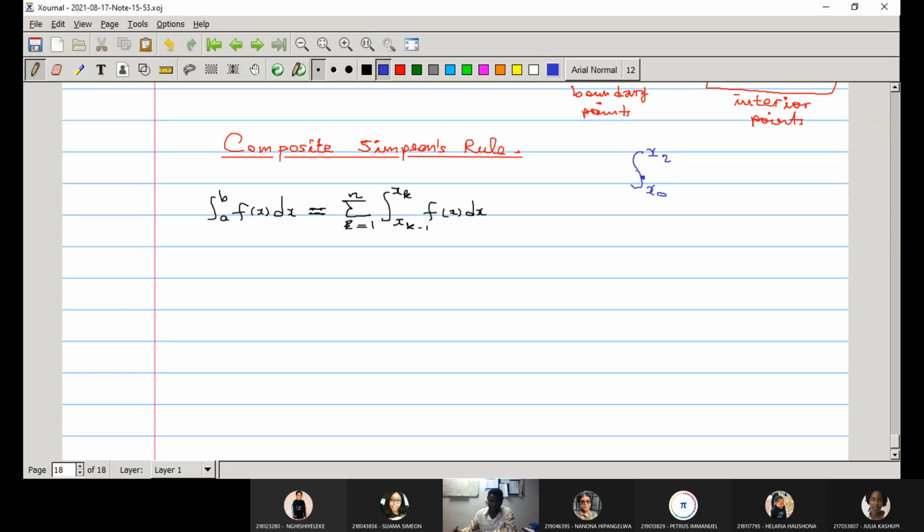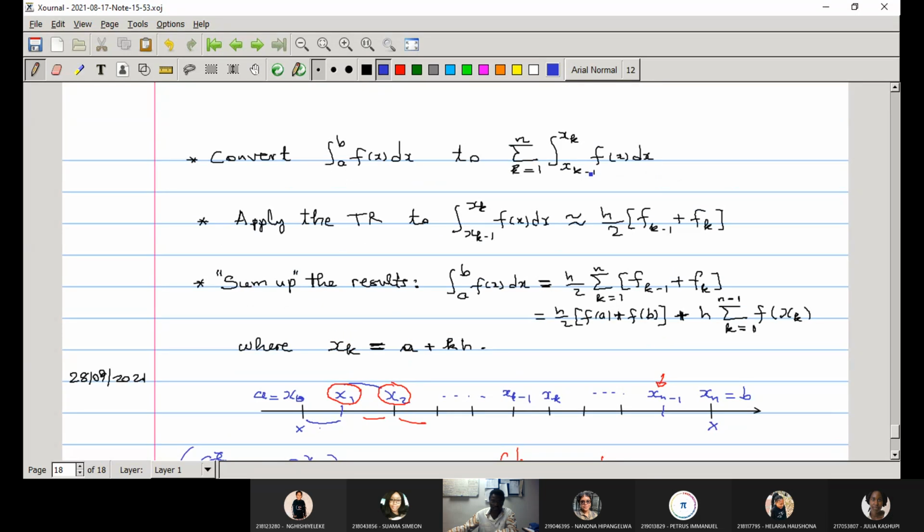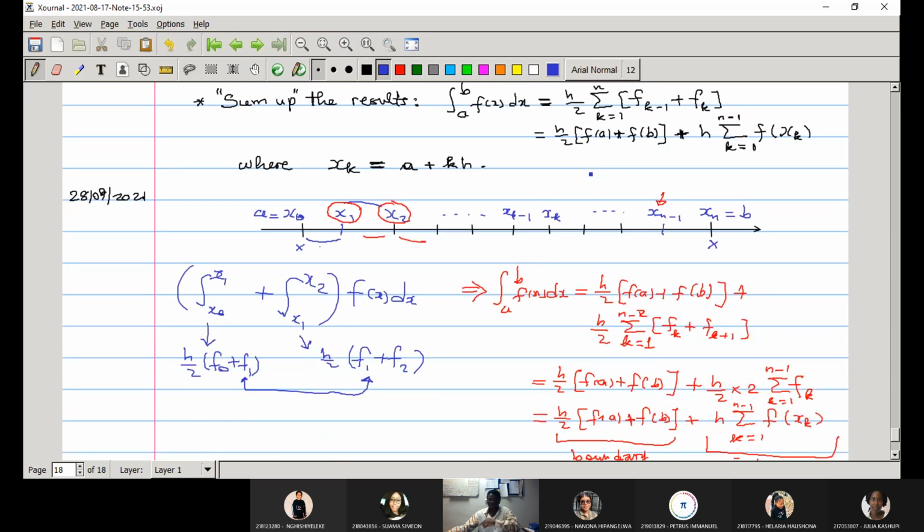So you see that there is another point there, x1 in between, right? So meaning that we take an even number of sub-intervals. Very important, right? Here, for this one, you just took x0, x2. So there are two sub-intervals. Please remember what I'm saying.